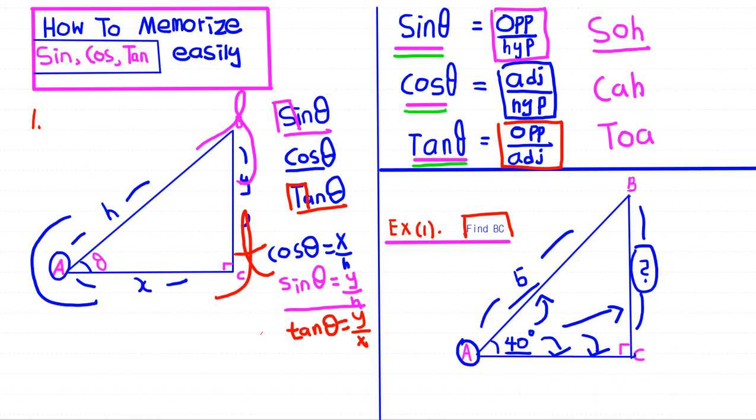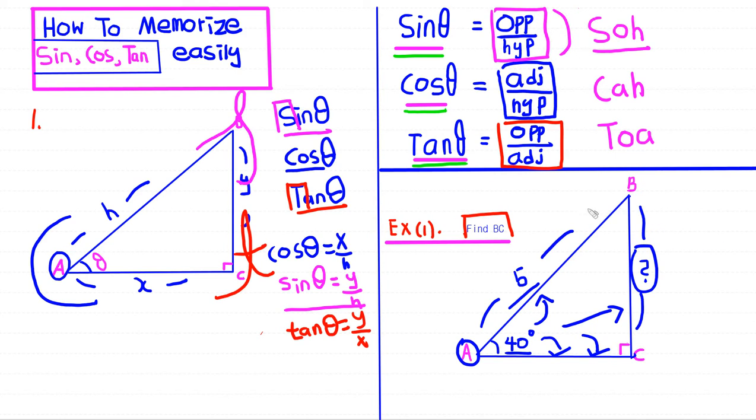And what about sine in this case? We write sine in this way, as we learned in the second way. It is opposite side over hypotenuse.